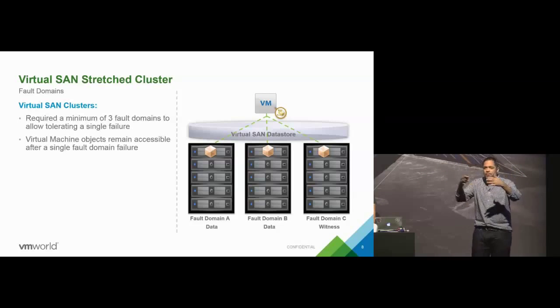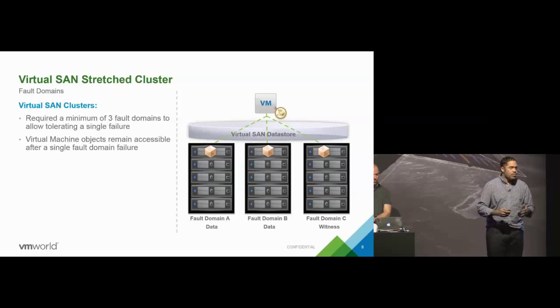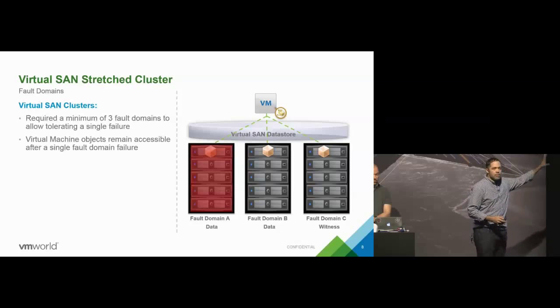Here we introduce 3 fault domains to apply the same sort of logic to the system, which allows you to group multiple nodes into one failure zone. With that, we're able to sustain a failure, using a feature that we introduced in Virtual SAN 6.0, called fault domains.